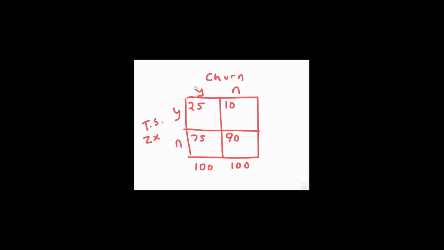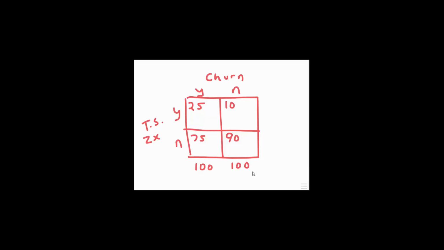So anyway, I have the churn, yeses and nos. Out of 100 people who churned, I looked back and I saw that 25 of those had sought technical service greater than or equal to 2 times last year.